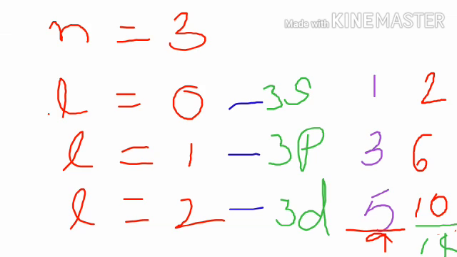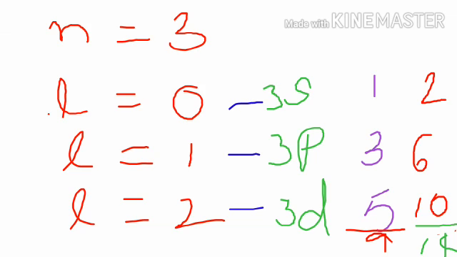That means the third orbit has three subshells, 3s, 3p and 3d. s subshell has one orbital, p subshell has three orbitals and d has 5 orbitals depending on their m values.